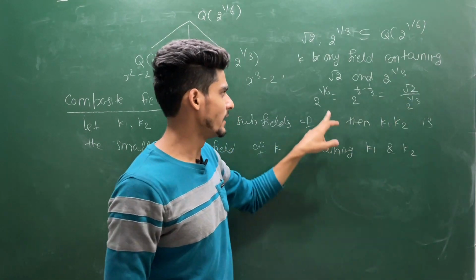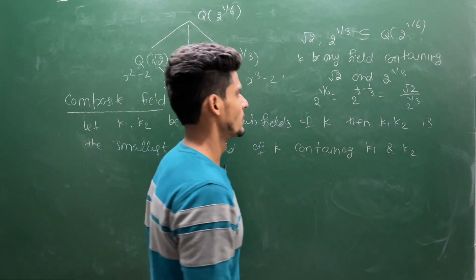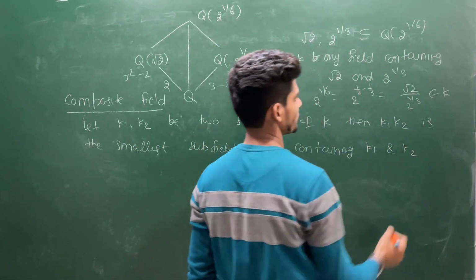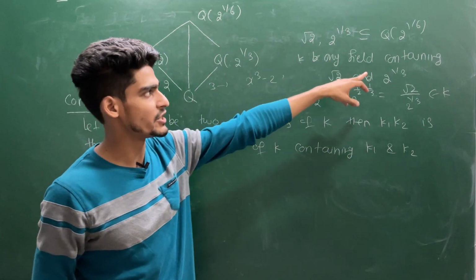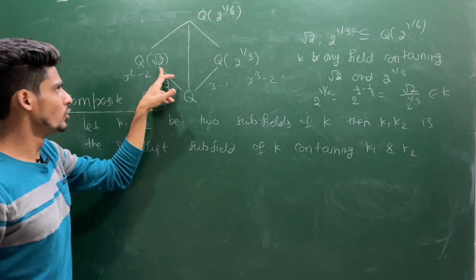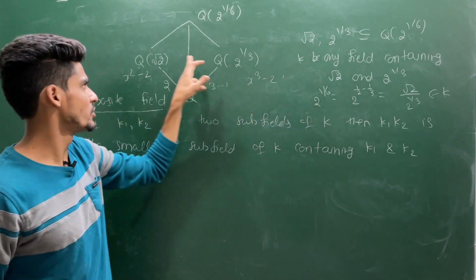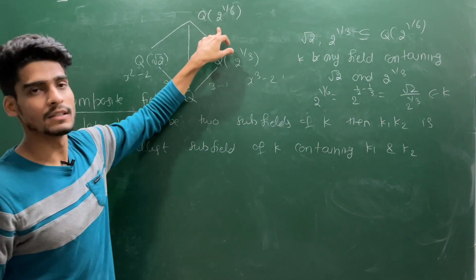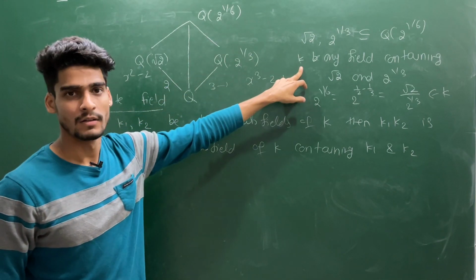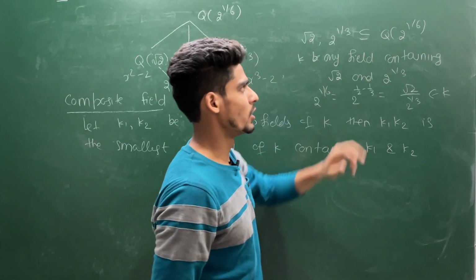Their product is exactly 2 power 1 by 6. So this is inside K. That means if K be any extension of Q root 2 and Q 2 power 1 by 3, or if K be any extension of this, then this K must contain this also, because 2 power 1 by 6 is there. That means this is the smallest one.